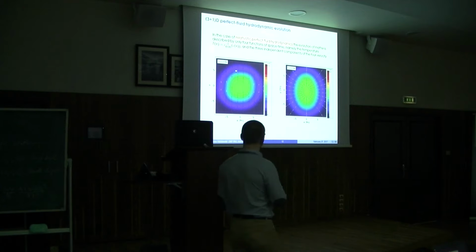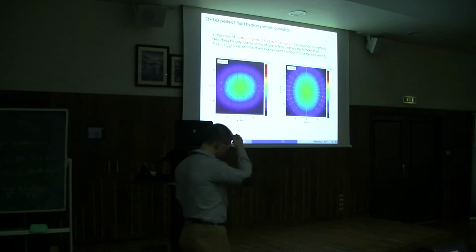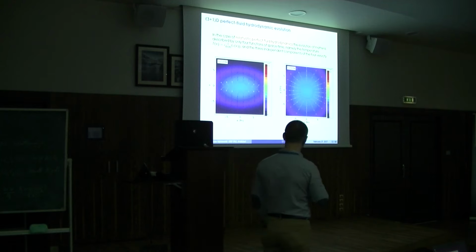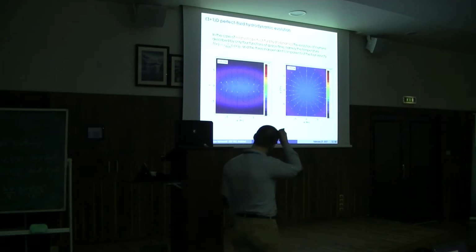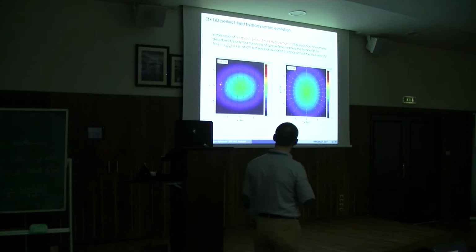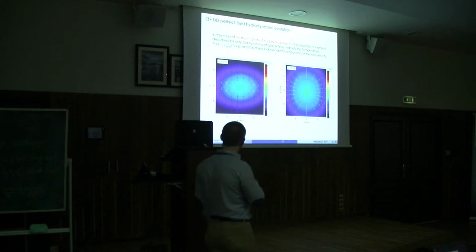Finally, we have to put all of these equations on the computer and solve them numerically. Here is an example of such evolution. On the left, you see the evolution in the eta and x direction.